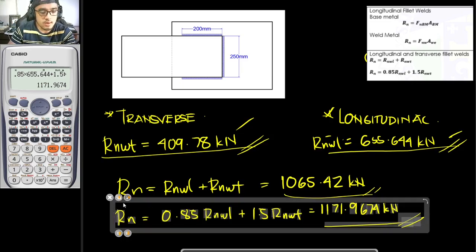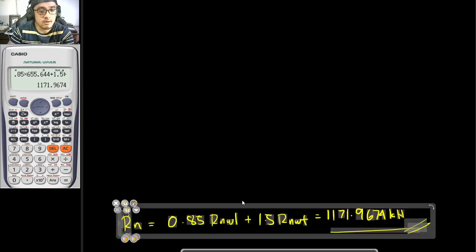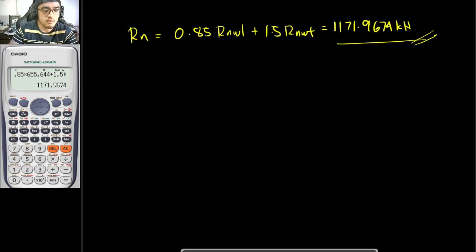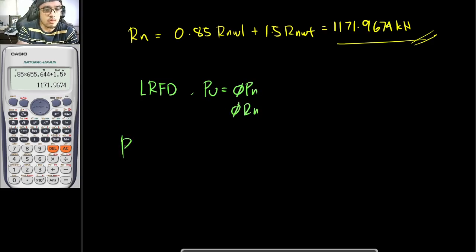So that is our nominal strength. Copying this to the next slide. For us to get the design strength in LRFD, Pu is equal to phi Pn or phi Rn. So this is equal to phi, and by the way, our phi is equal to 0.75 when we analyze shear in welding.